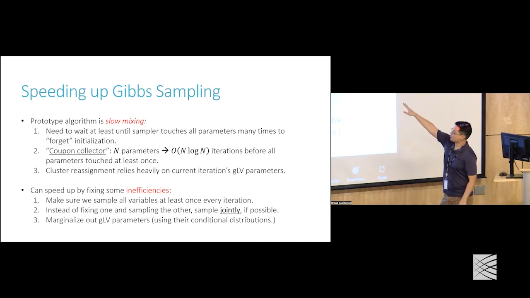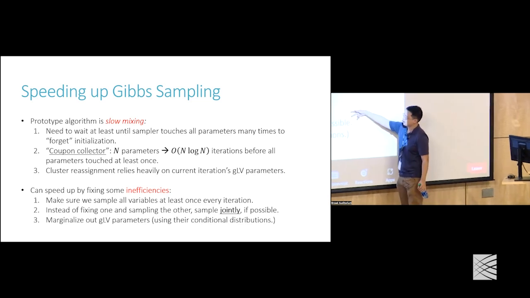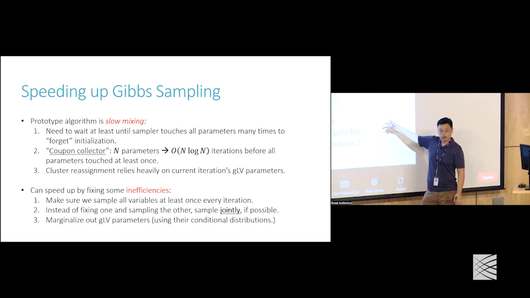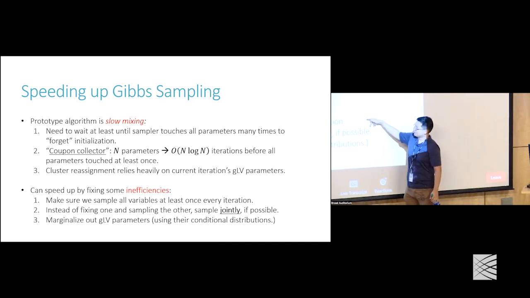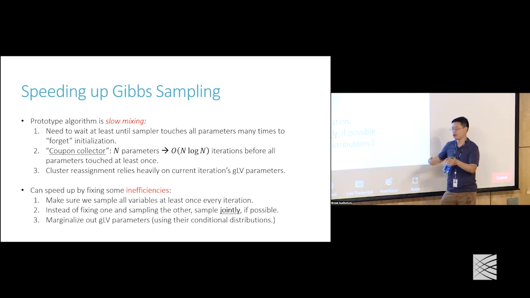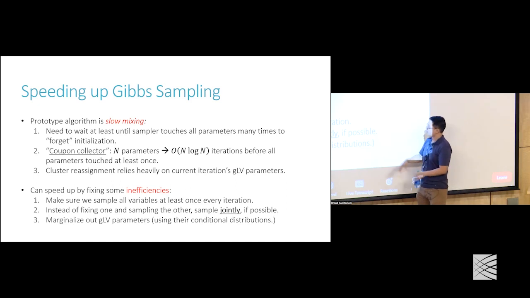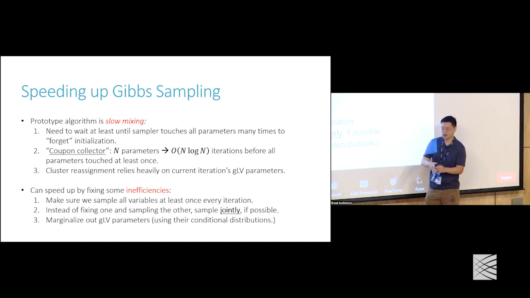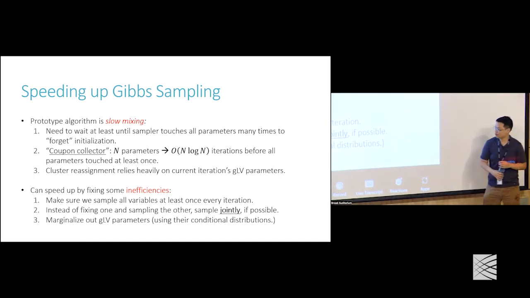Now, there are ways to address each of these problems, and the first two are kind of free, because maybe the algorithm was not smart, since we're not sampling all the variables at each iteration. Maybe you can do something like shuffle the order in which you're resampling the variables, but make sure you do all of them. And also, instead of fixing one and sampling all the other ones, maybe you can sample jointly.